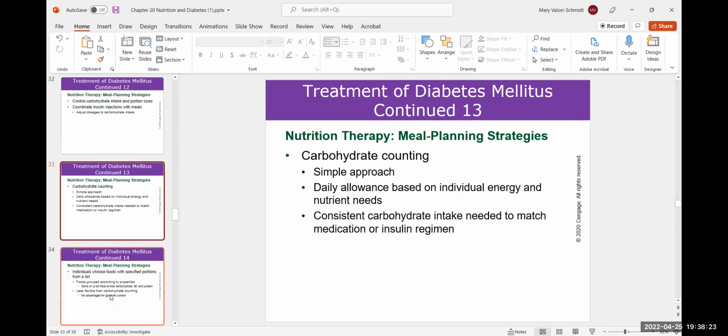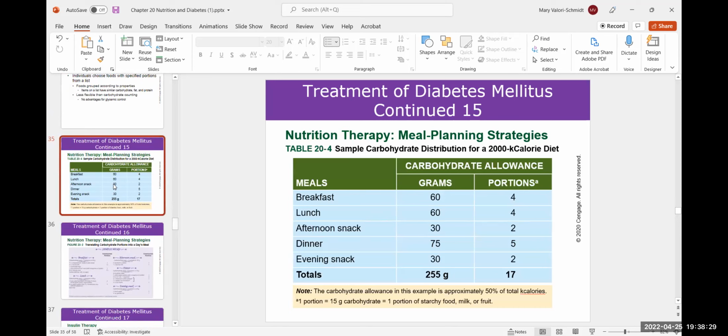Carb counting, which you can do, or there are lots of different approaches to this. Carb counting is one, the glycemic index is one. But when we look at something like this, for somebody who's taking in 2,000 calories a day, they should have 60 grams of protein, which is about 4 portions of a carb, right?